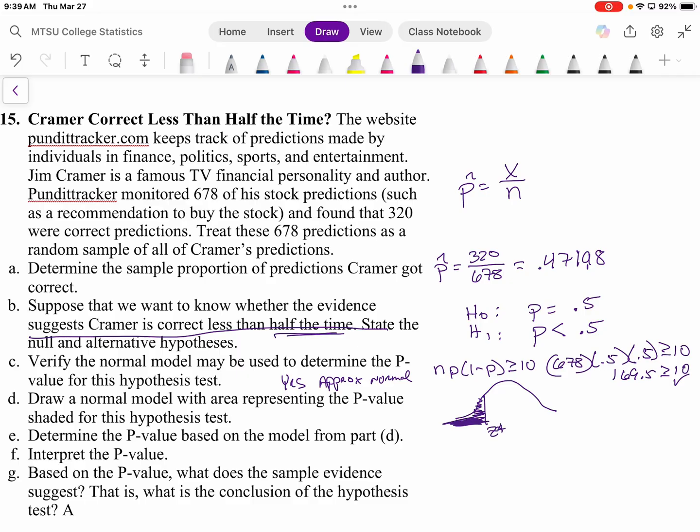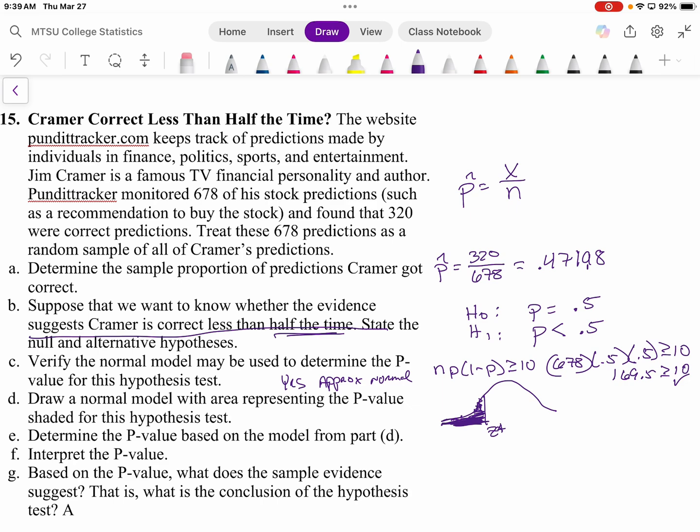And there's where hopefully my p-value would fall. Now we haven't calculated the p-value. We have not come up with what alpha we're using. But since they didn't state it, we're going to go with the default of 5%.